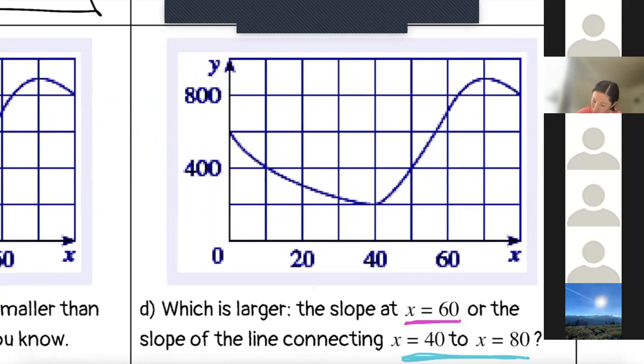So I'm going to draw the blue line first, because I think sometimes it's easier to think about 40, 60, 80. 80 is going to be all the way here. I think it's easier to think about connecting 2 points on a line, because that's what we're used to. And so if we connect those, that would be the blue line, okay? And if we think about it, x equals 60 would be right here.